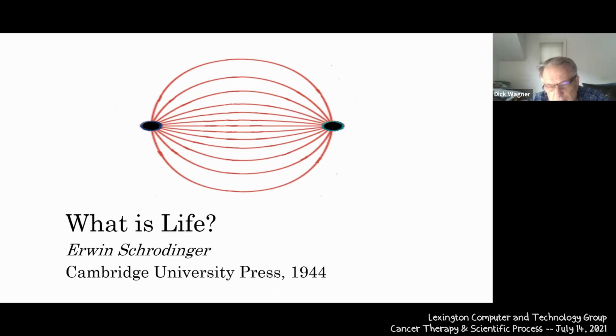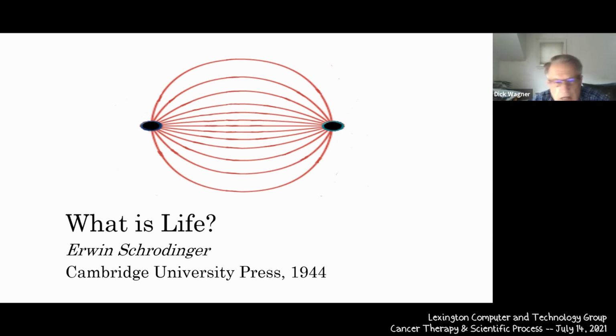But it's interesting in the way he's thinking. It's a fascinating book from that point of view. He did write a later book called Mind and Matter. I haven't read that one, but by the title, I think you can get some sense of what he's talking about with that one. This one was published in 1944.